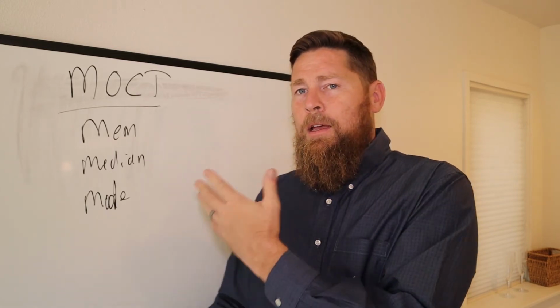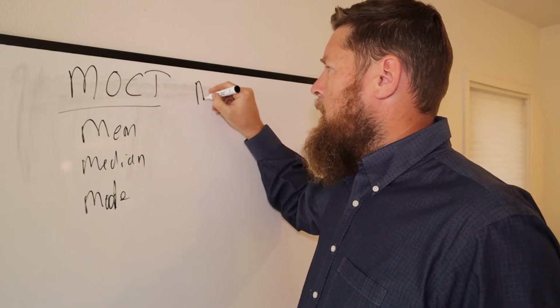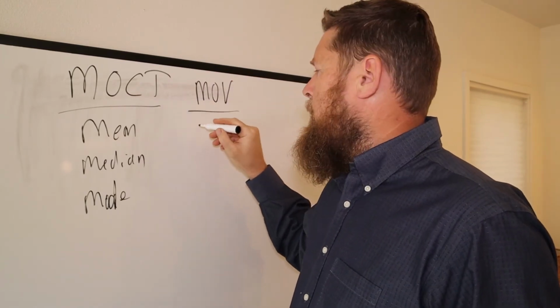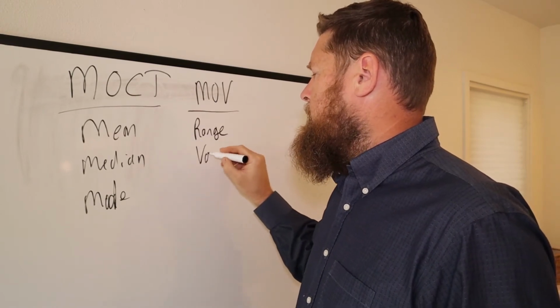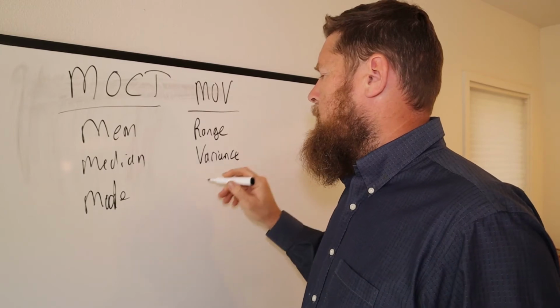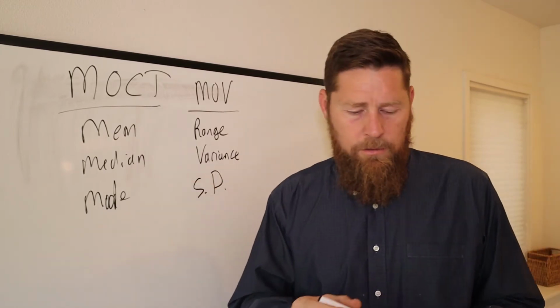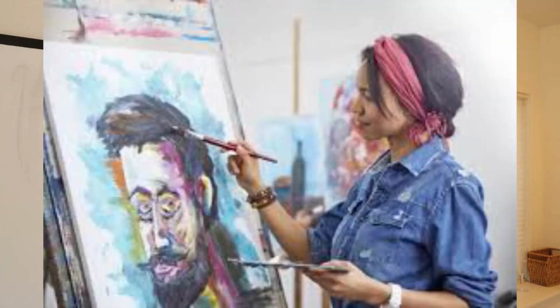And that's why measures of central tendency and measures of variability, MOVE, that would be range, variance, and standard deviation. I'm just going to abbreviate it here. I can write it out later. As you can see, I'm not a great artist.